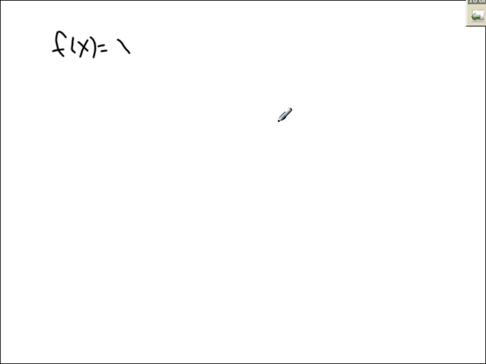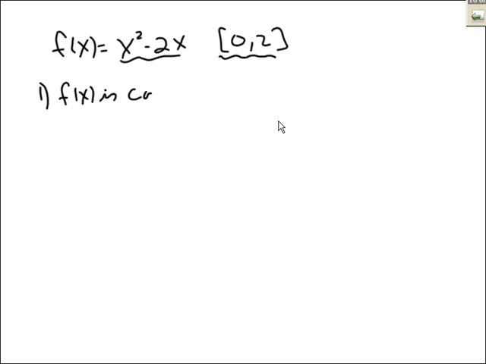F of x is equal to x squared minus 2x. And the interval is, say, from 0 to 2. Now, this here is a polynomial, and it's always continuous on its interval, on a closed interval. So, criteria 1. F of x is continuous on a closed interval.